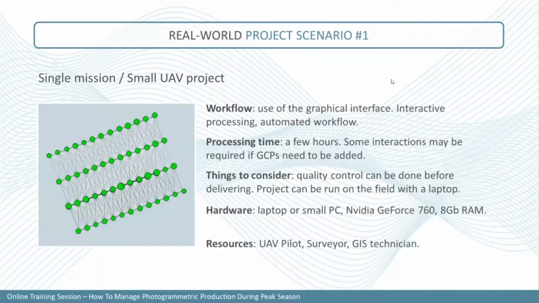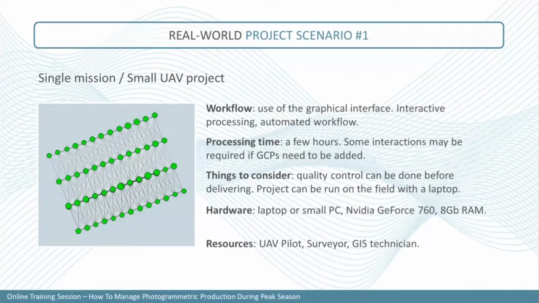So now let's talk about some real world project scenarios and what are the things to consider when you're going to process them. The first project will probably be the single mission small UAV project, maybe up to 500 to 600 images, which is quite small.